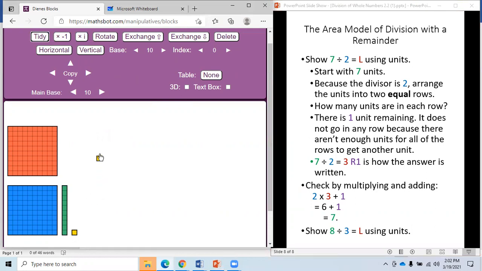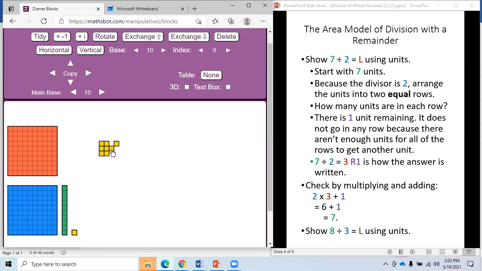So we're going to start out with 8 units. Our divisor is 3. So we are going to arrange the units into 3 equal rows. But look, I don't have a complete row.